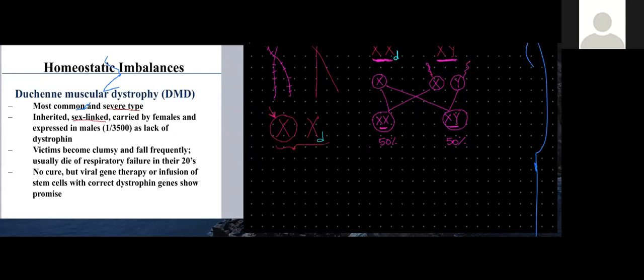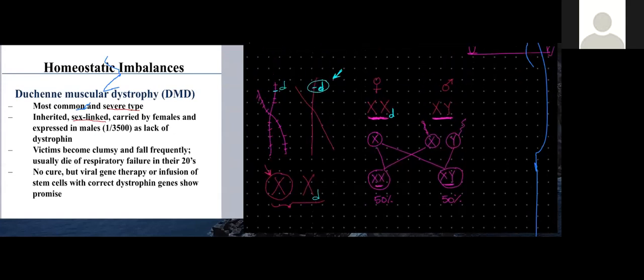No. Duchenne muscle dystrophy is not going to be manifested unless it is present on both X chromosomes. Why? Because on the other X chromosome, I have a normal gene that will be covering the presence of the defective gene.